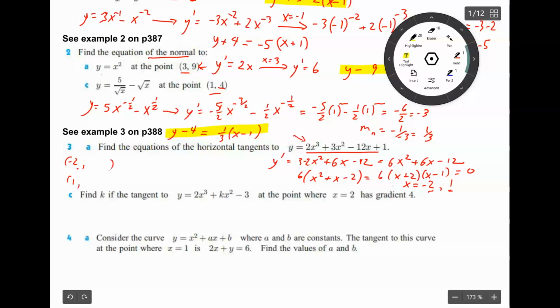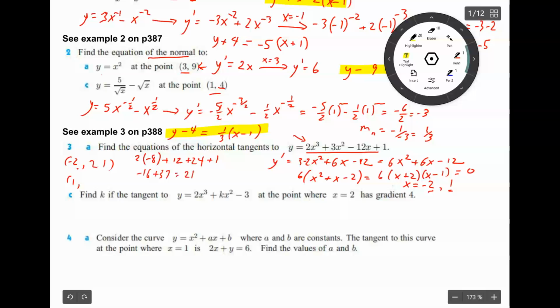So that would be 2 times negative 2 cubed, which would be 2 times negative 8, plus 3 times negative 2 squared, which would be 3 times 4, which is 12, minus 12 times negative 2, which would be positive 24, plus 1. So that is negative 16 plus 37, which is equal to 21. So this is going to be 21.